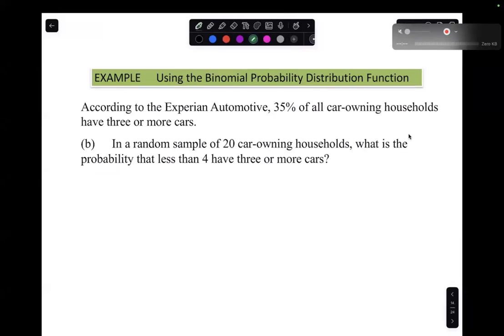I'm going to give you a visual here. I'm not going to do it all the way to 20. I'm looking for either 0, 1, 2, or 3. I want this group, this range in my answer. What's the probability of either 0, 1, 2, or 3?